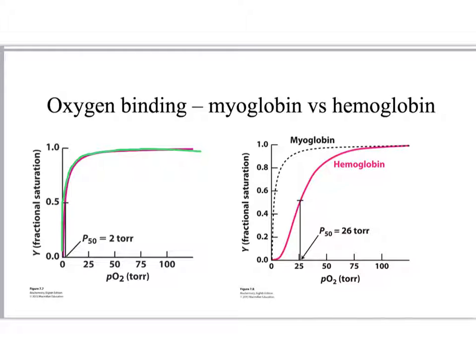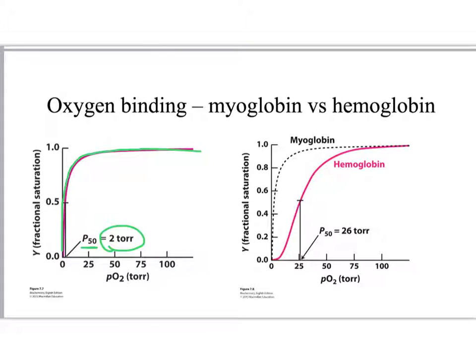And the half saturation point is at a low pressure for the myoglobin, so about 2 torr. So what that means is, again, the pressure when half of the total number of oxygen that can bind to our overall sample, when that occurs, we're at a pressure of 2 torr. So we'll talk more about what that means in a second.